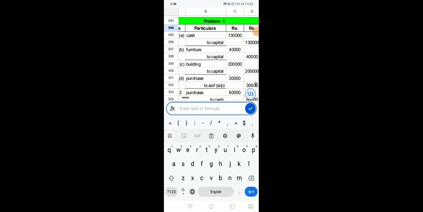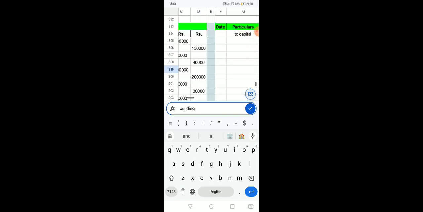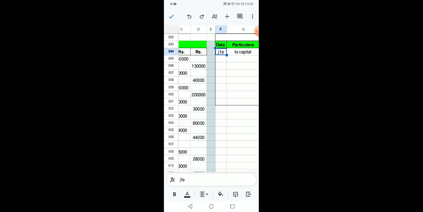For the first entry we have January 1. Since we have a little less space over here, we are going to write the date in a shorter way.